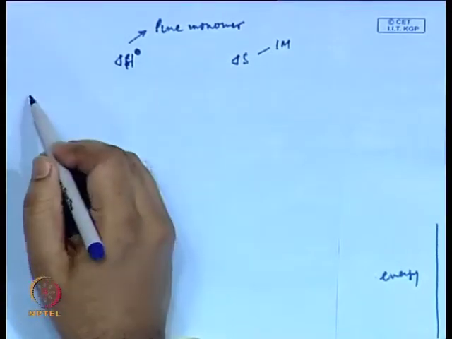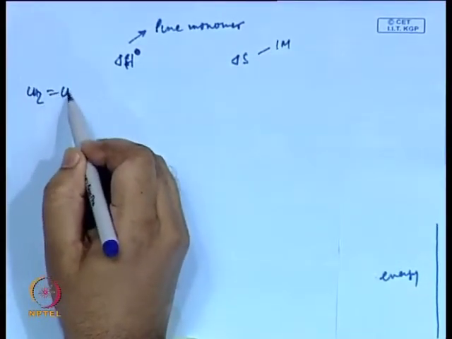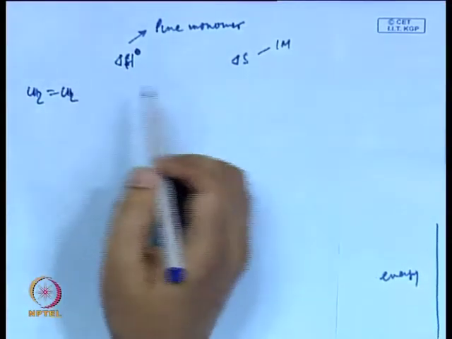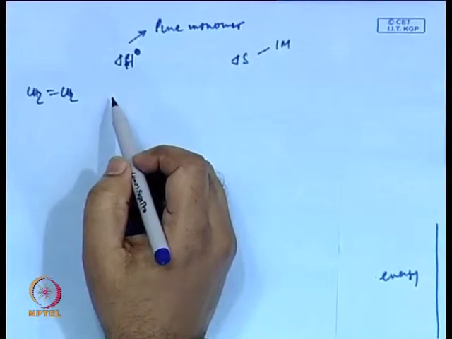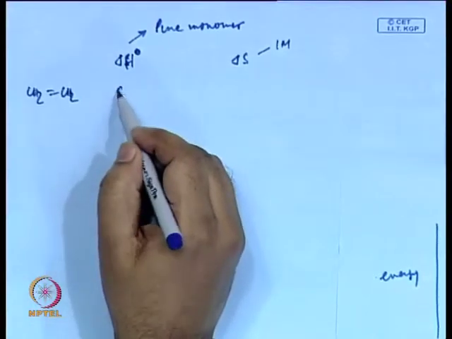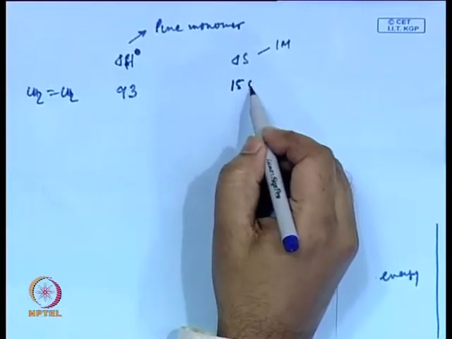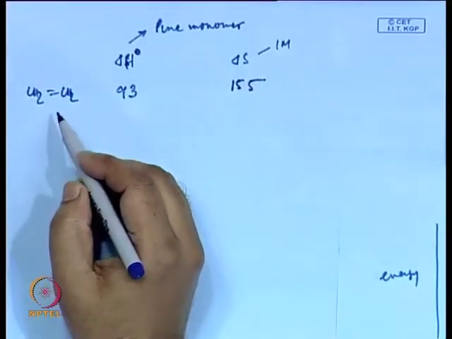Now, the simplest monomer is ethylene, and in case of ethylene this is from a pure gas to a solid polymer. This is 93 kilojoule per mole and this is 155.